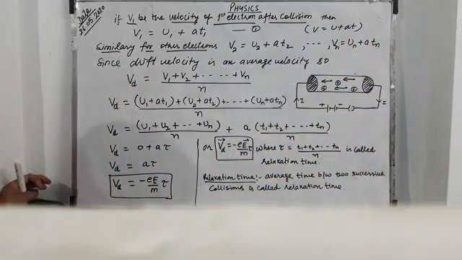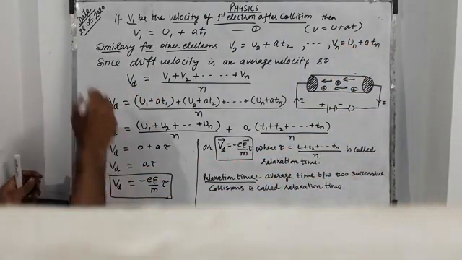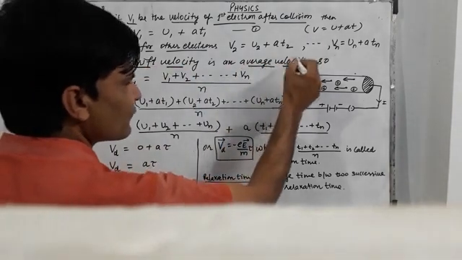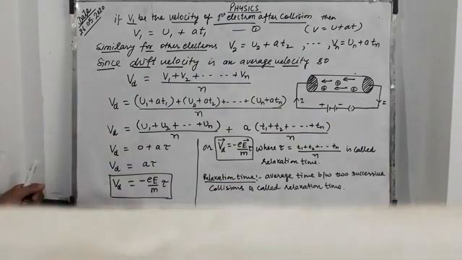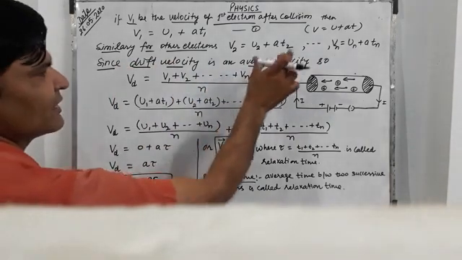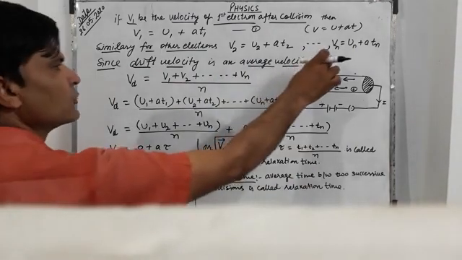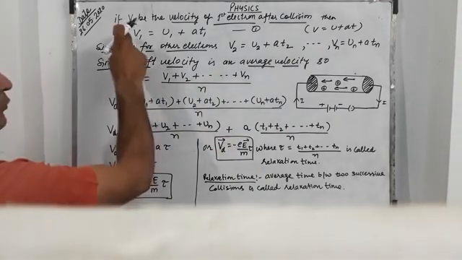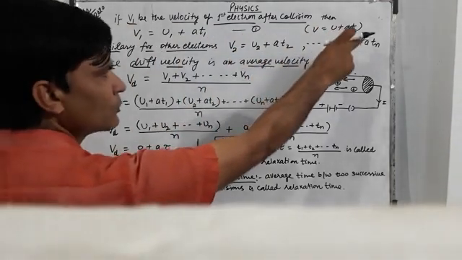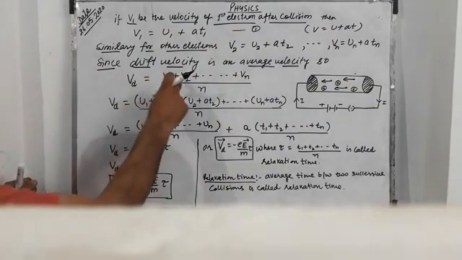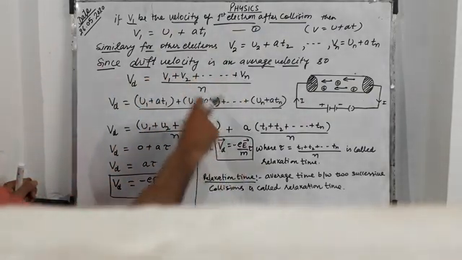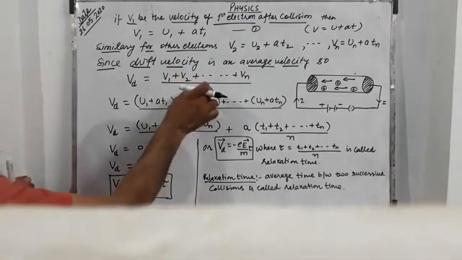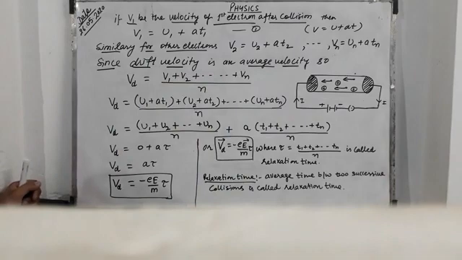Okay, now since drift velocity is an average velocity, vd, means drift velocity, is equal to the average of all these velocities, so v1 plus v2 up to vn upon n. Okay, sum of velocities upon total number of velocities.